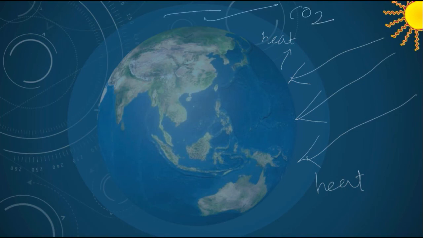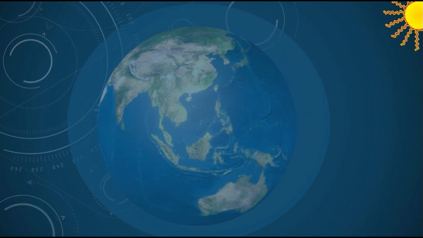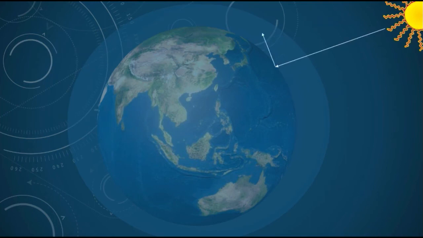Carbon dioxide is one such gas which holds heat. It doesn't allow the heat to move away from the atmosphere, because of which temperature increases. The atmosphere becomes very hot.